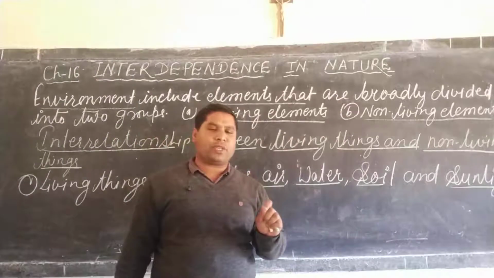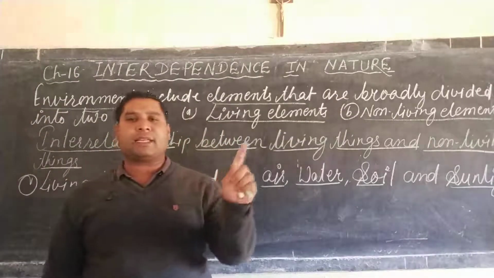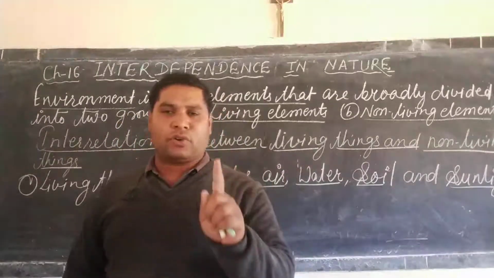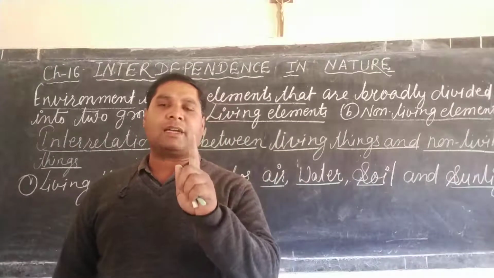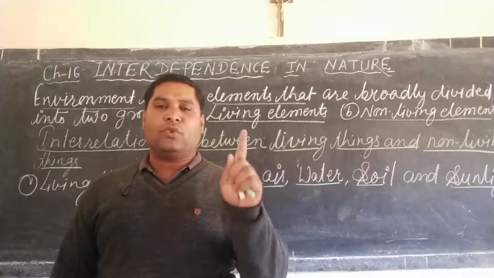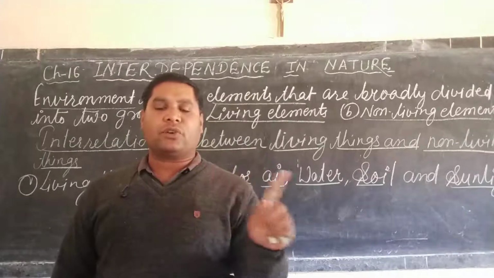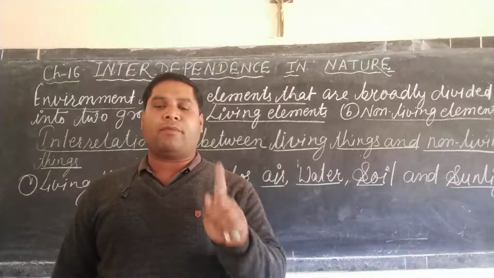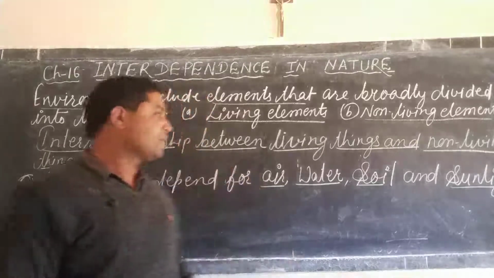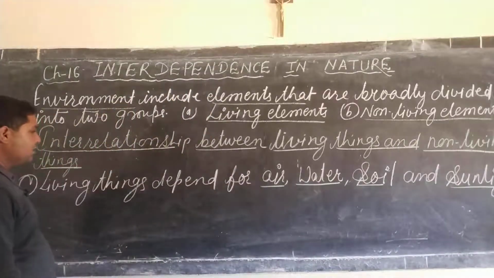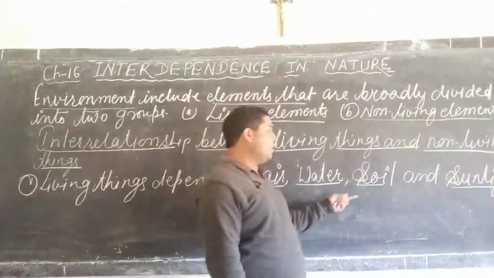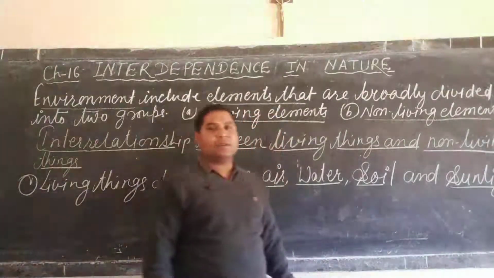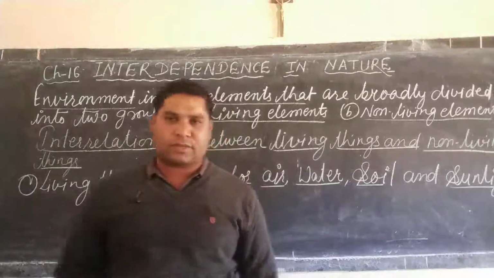The process by which green plants make their own food is known as photosynthesis, and in photosynthesis, sunlight plays an important role. Without sunlight, no photosynthesis can be performed. So this way, living things depend on air, water, soil and sunlight for their survival, dear student.